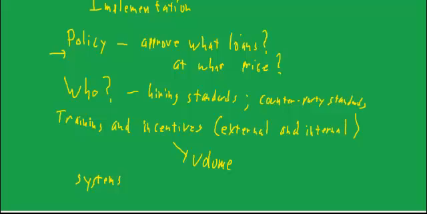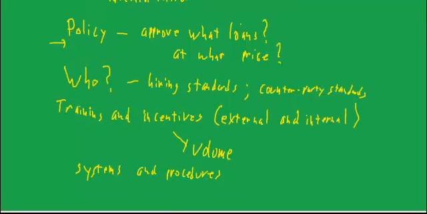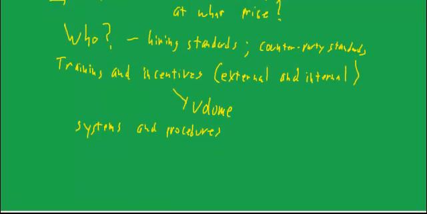Systems and procedures would be another thing. If you want to eliminate some human error, you might use automated systems, things like credit scoring systems or automated appraisal systems based on databases, things like that.